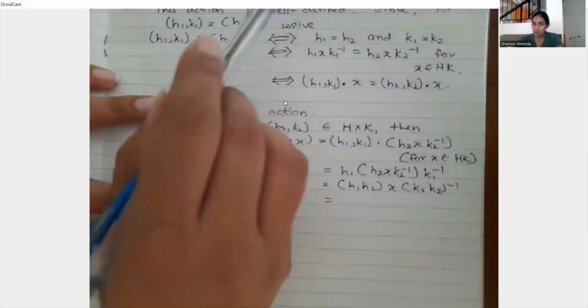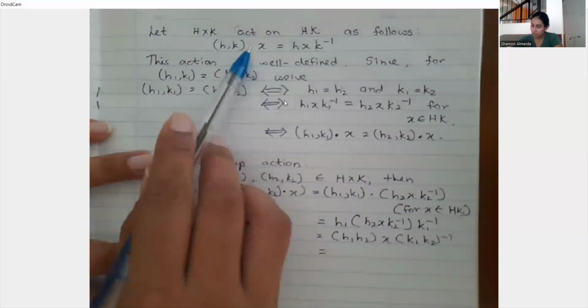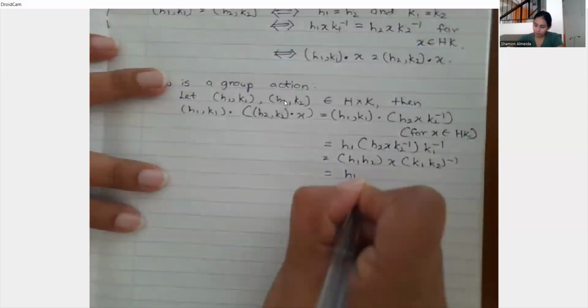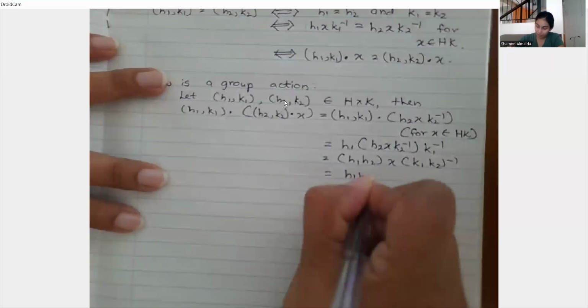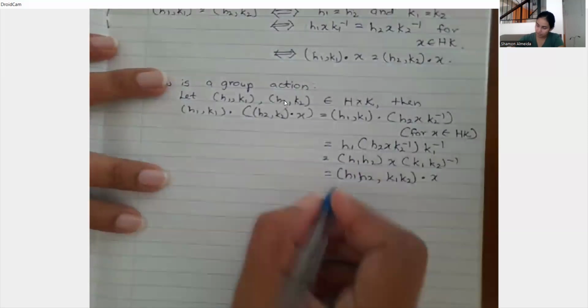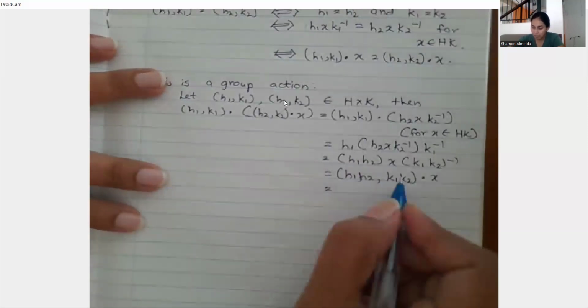So once again, by definition of the group action, we see that this is equal to (h1 h2, k1 k2) dot x. So we see component-wise multiplication over here.